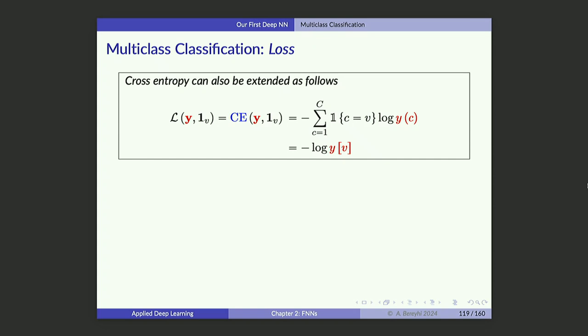If I put v equal to 1, then it's going to be minus logarithm of y, so minus logarithm of the probability you computed for class 1. And when my v is 0, this term disappears, this one shows up, and this is again minus logarithm of 1 minus y, which is minus logarithm of the probability you computed for class 0. Now here it's going to be minus logarithm of the probability you computed for class v. Clear?